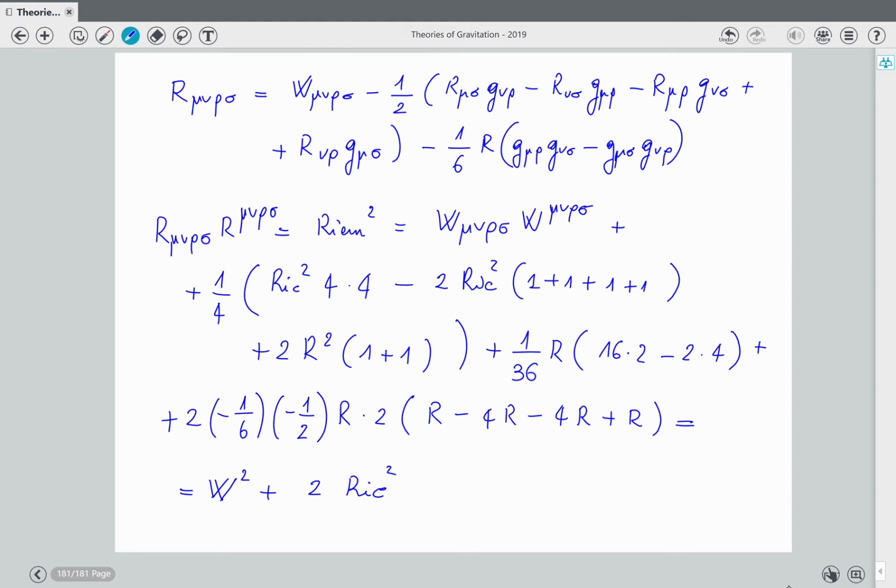R squared. Here we have 2 times 2 divided by 4, 1. And here we have 32 minus 8, 24. So we had 1. 24 divided by 36. That's 2/3.